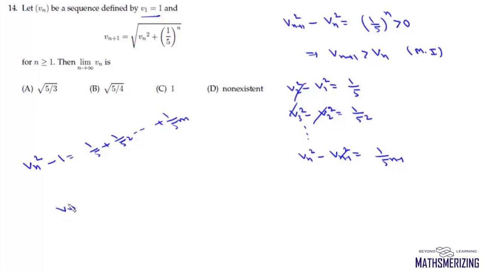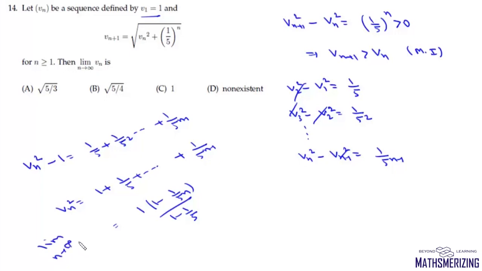That is Vn square is 1 plus 1 by 5 up to 1 upon 5 to the power n minus 1. Now this is nothing but a GP whose sum is a into 1 minus r to the power n upon 1 minus r, which is 1 minus 1 by 5. Now we take this limit n tends to infinity. This value will be 0.